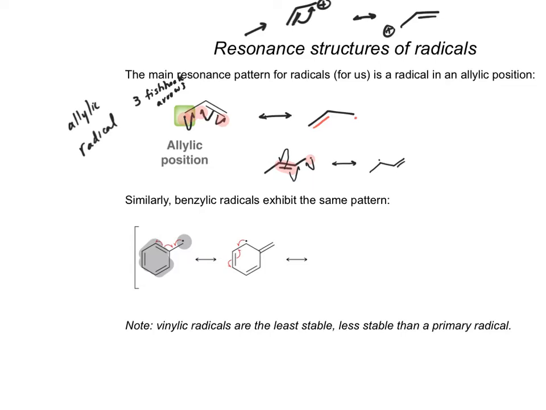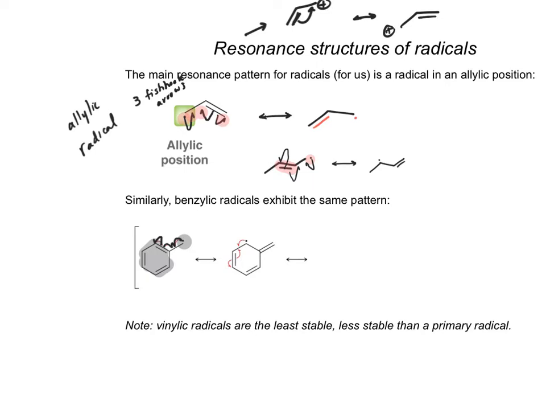So what we find if we have this benzylic radical is the same thing. We'll have our radical making one half of the bond, the double bond as part of the aromatic ring forming the other half, and then this other electron going up here. Now, with respect to this benzylic radical, we can draw multiple resonance structures.